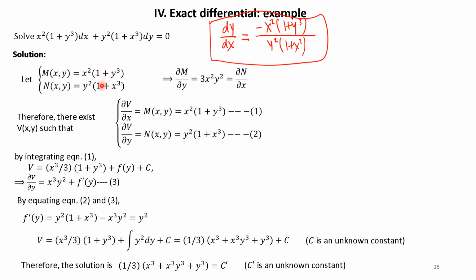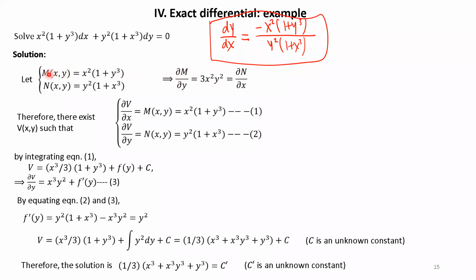Now you test whether this M is partial V partial X, and whether this N is partial V partial Y. At this point we don't know anything about V, but we can just do the derivative.